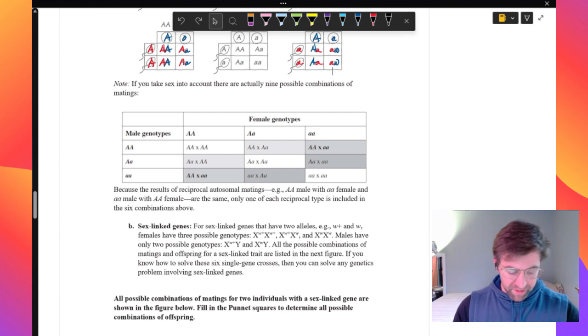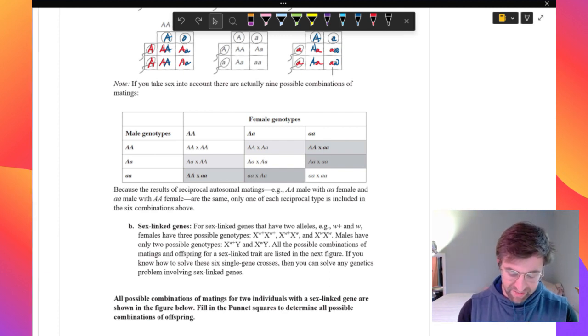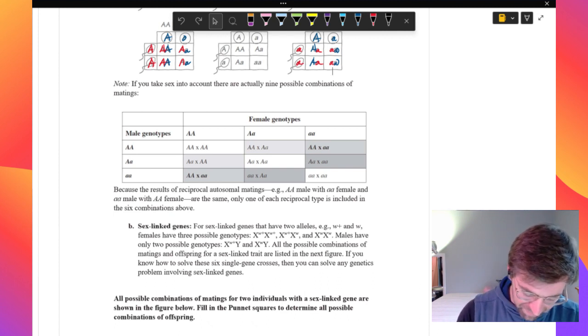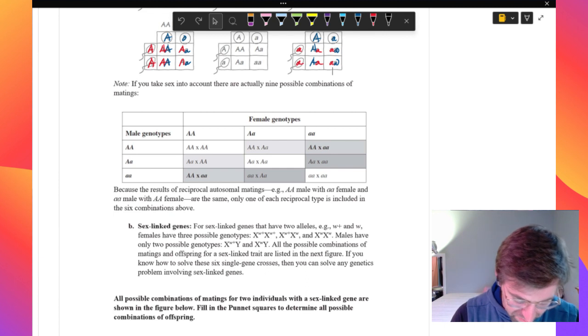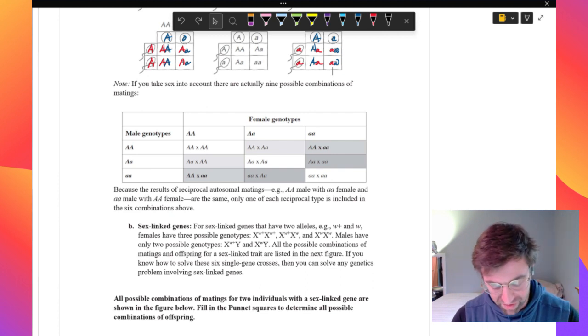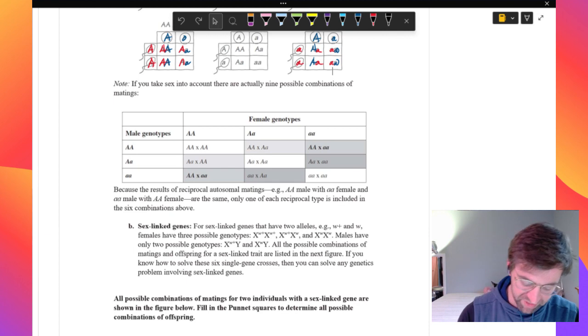Okay, note, if you take sex into account, there are actually 9 possible combinations of matings. This is where it starts to get really interesting. Because the results of reciprocal autosomal matings, for example, big A male with a little a female, and little a male with a big A female, are the same, only one of each reciprocal type is included in the 6 combinations above.